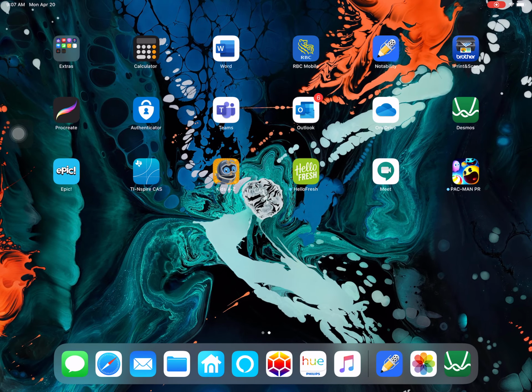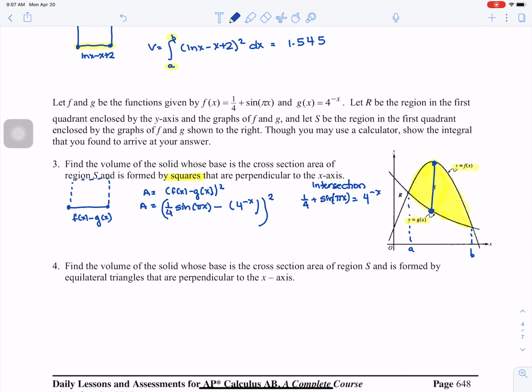So let's transfer that information here. My A is going to be equal to 0.17821805 when you do it with your graphing calculator. My B coordinate will be a 1.